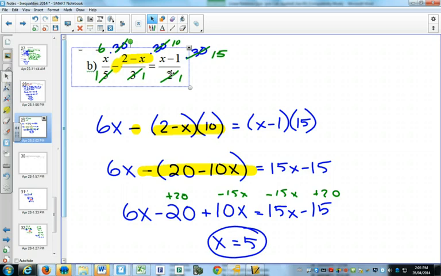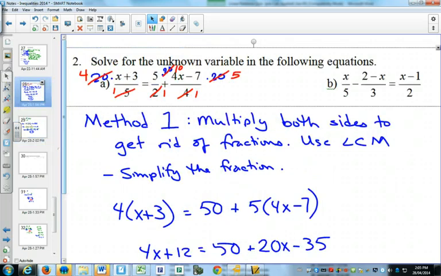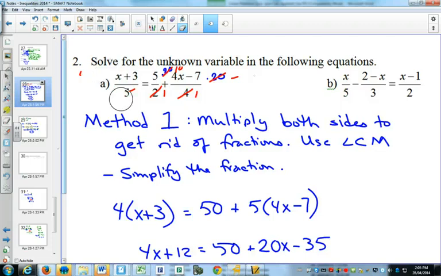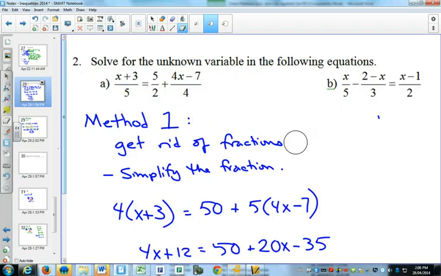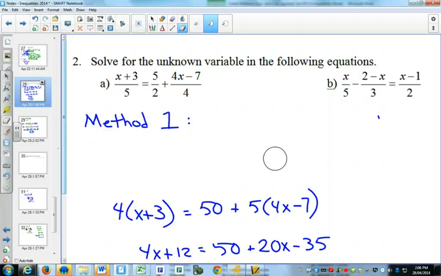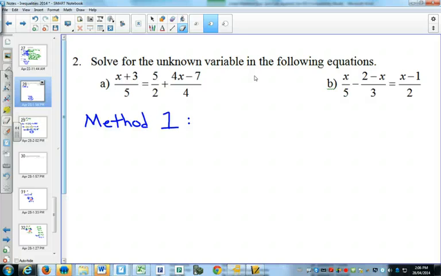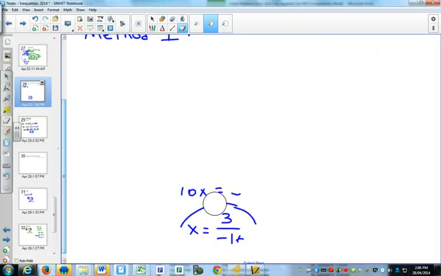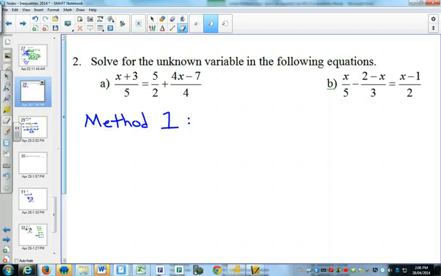Okay, so now we're going to go back and do both of these with method 2. Method 1 and method 2 will have some things that are quite similar. But for method 2, this is another way of doing it.